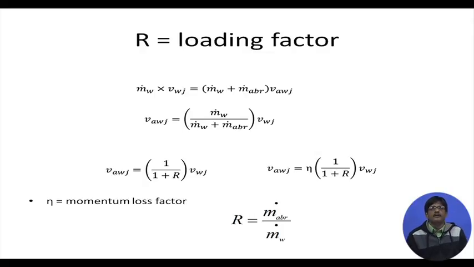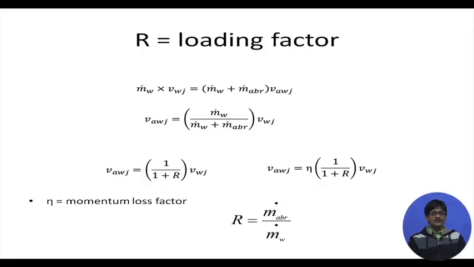Therefore, we bring in one term called loading factor, which is simply equal to mass flow rate of abrasive by mass flow rate of water, and rewrite the expression as: velocity of abrasive water jet is equal to 1 by 1 plus r multiplied by velocity of the water jet.